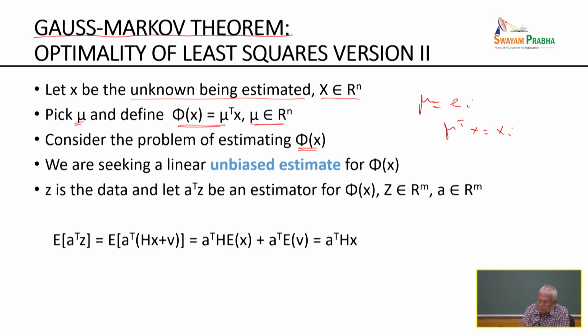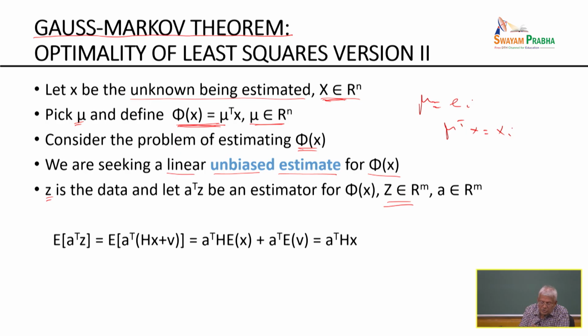So consider the new problem of estimating phi of x. We are seeking a linear unbiased estimate of phi of x. To estimate this, I have the data z. Please understand, z is an m vector, x is an n vector. I want to estimate phi of x, which is a real number.